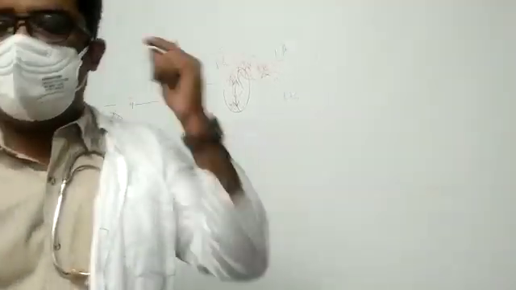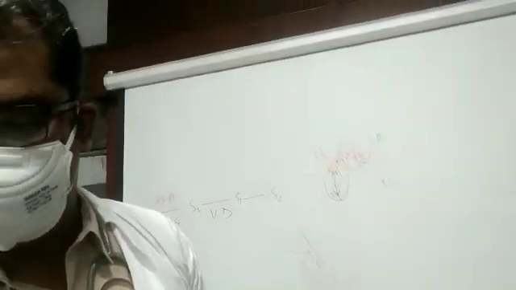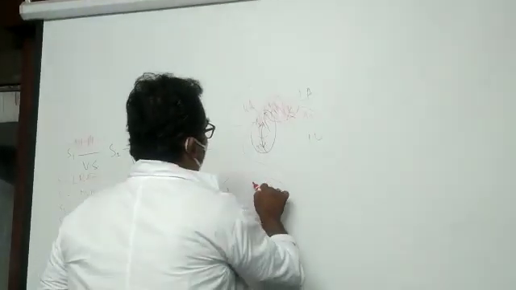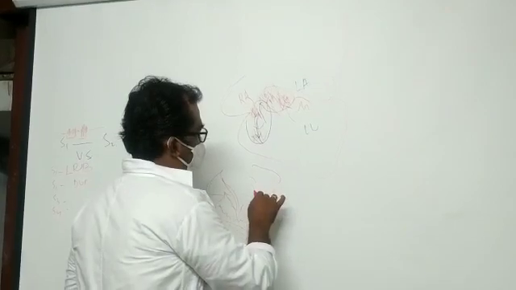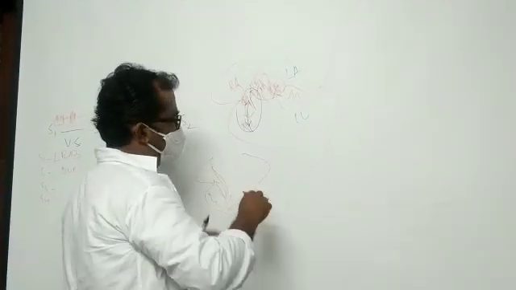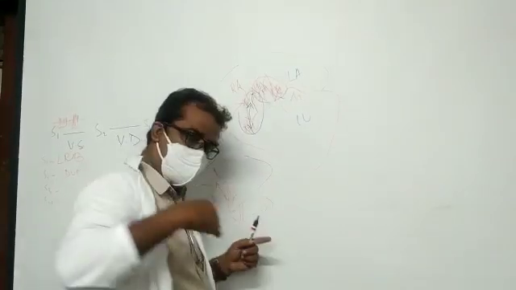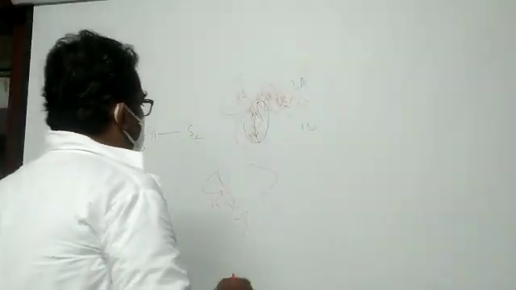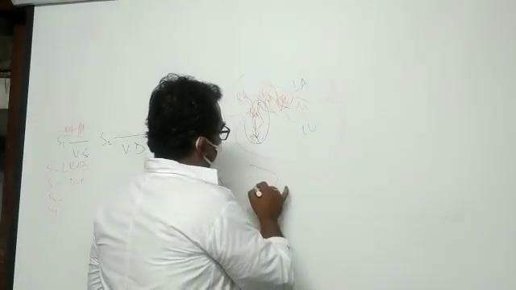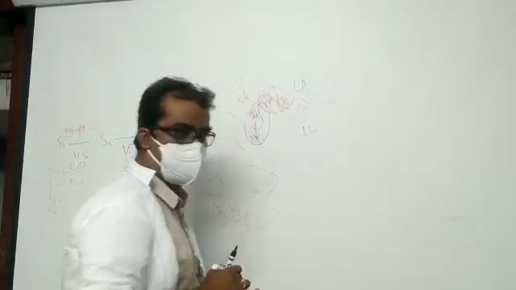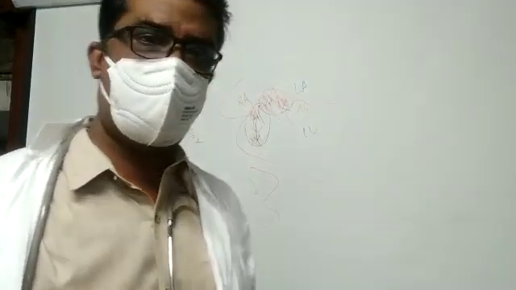Equally, the fourth heart sound is because of the atrial systole. When the atrium is contracting, a gush of blood comes in, and that produces the sound known as the fourth heart sound.